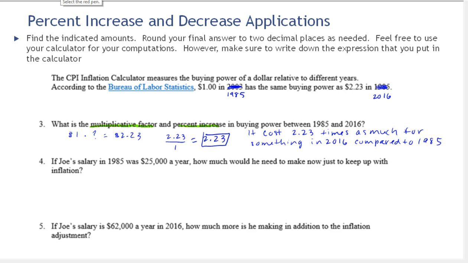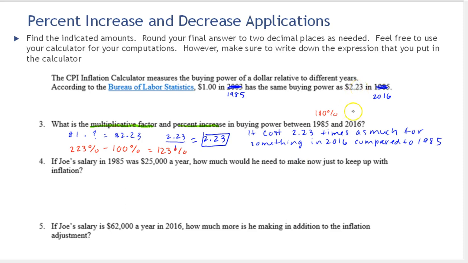So it's tempting to just write this as a percent and say 223%, okay? But notice it's 223% minus 100%, which is 123%. So the idea is if in 1985 we have 100% of a dollar, in 2016 we'd have 1 copy, 2 copies would give us $2, and another 23% would give us $2.23.